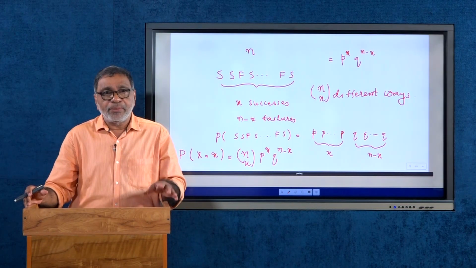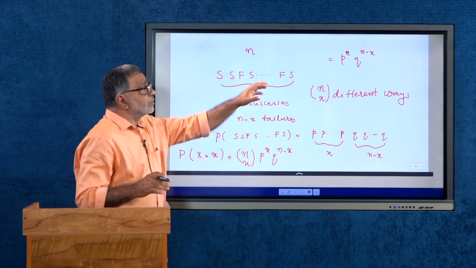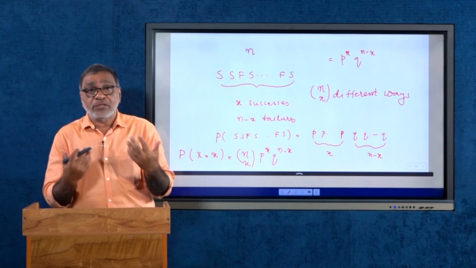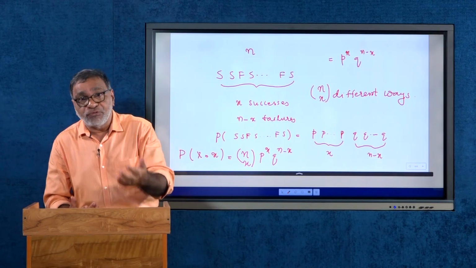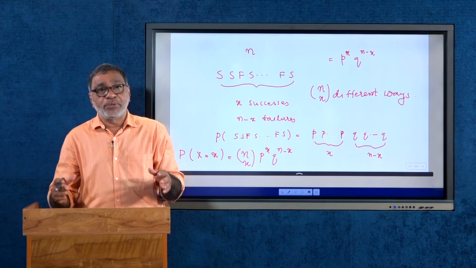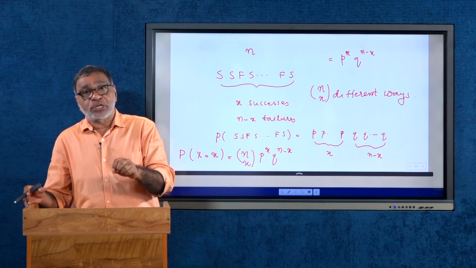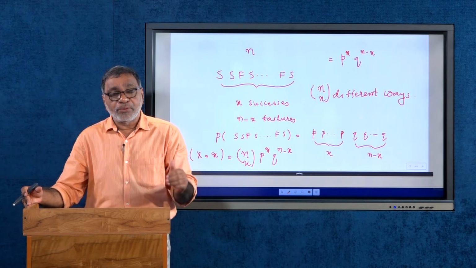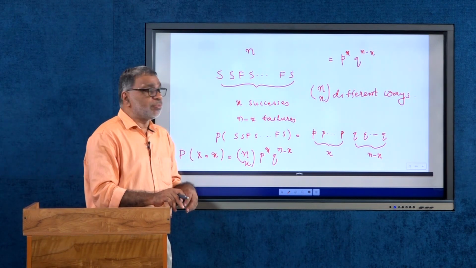The probability of getting one such sequence of S and F is p power x q power n minus x. And out of n trials, x successes are possible in nCx different ways. So the total probability of x successes is p power x q power n minus x added nCx times. That is, probability of X equal to x is nCx p power x q power n minus x.